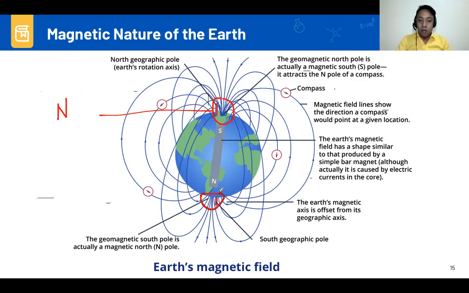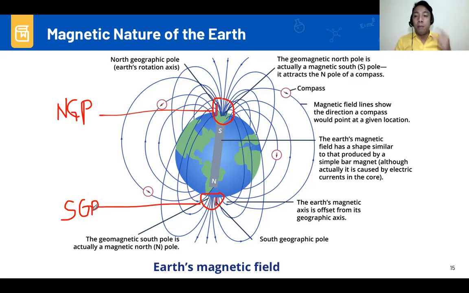And this one, pinasa baba siya, this is the south. North geographic pole and south geographic pole. This one is different from the south pole and the north pole of a magnet. So we will explain that one.